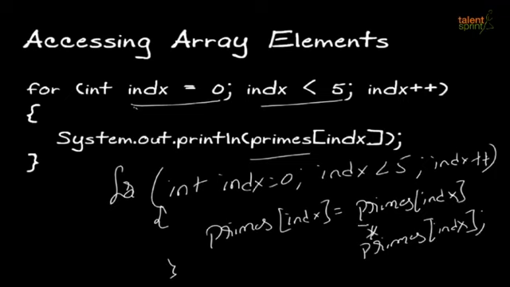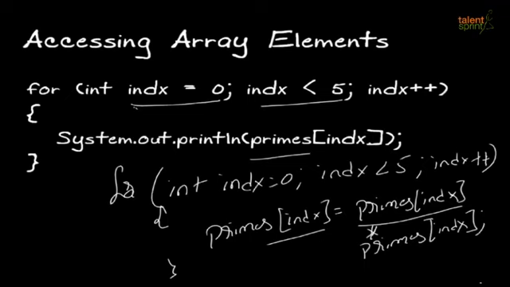This will read the element from an array, multiply with the same value and store that multiplied value in the same index. This is one example of modifying the elements in an array.